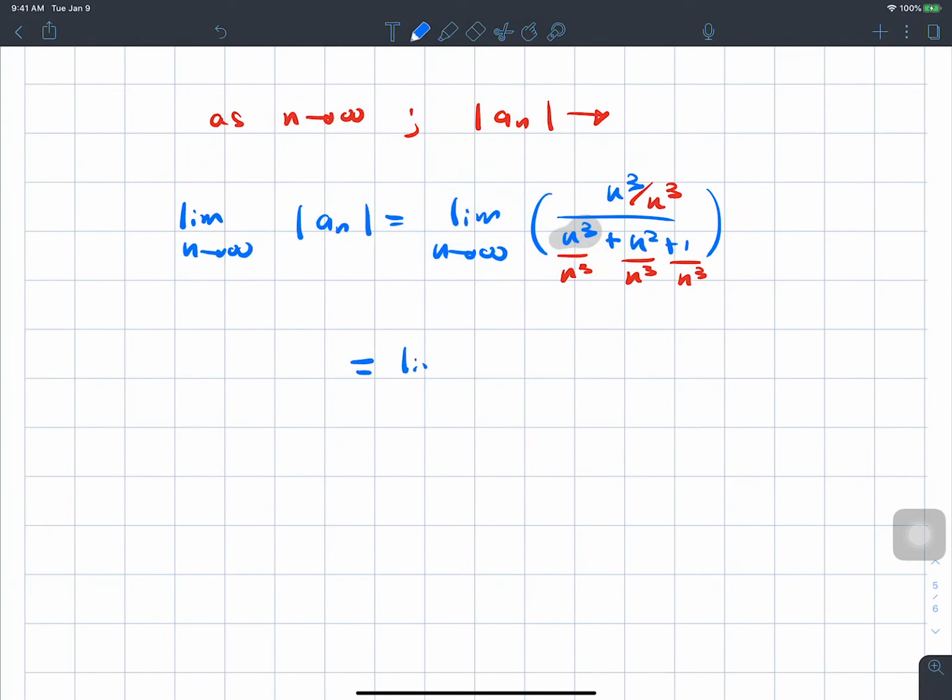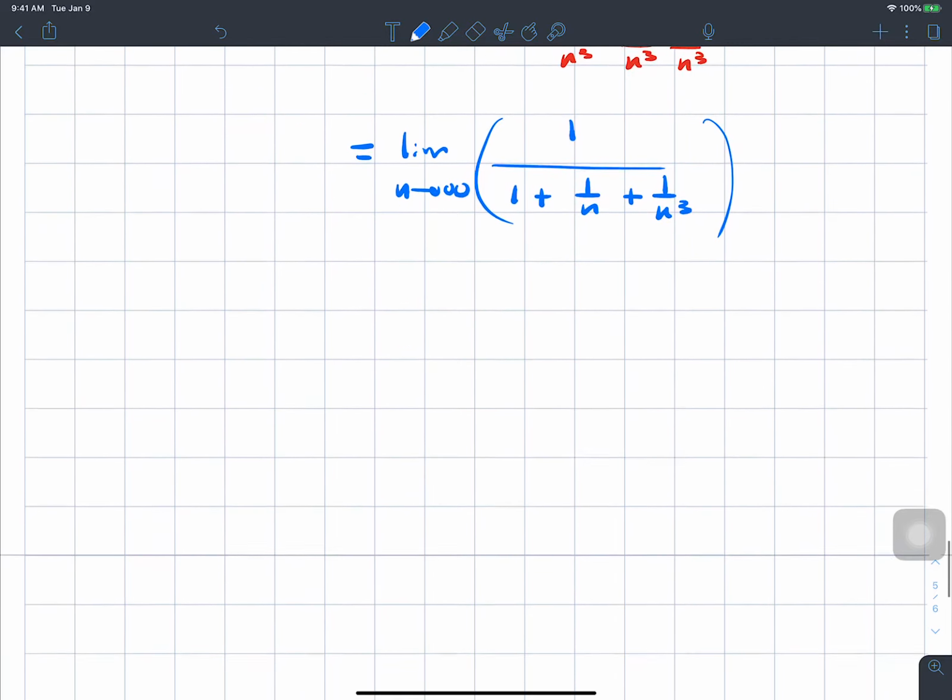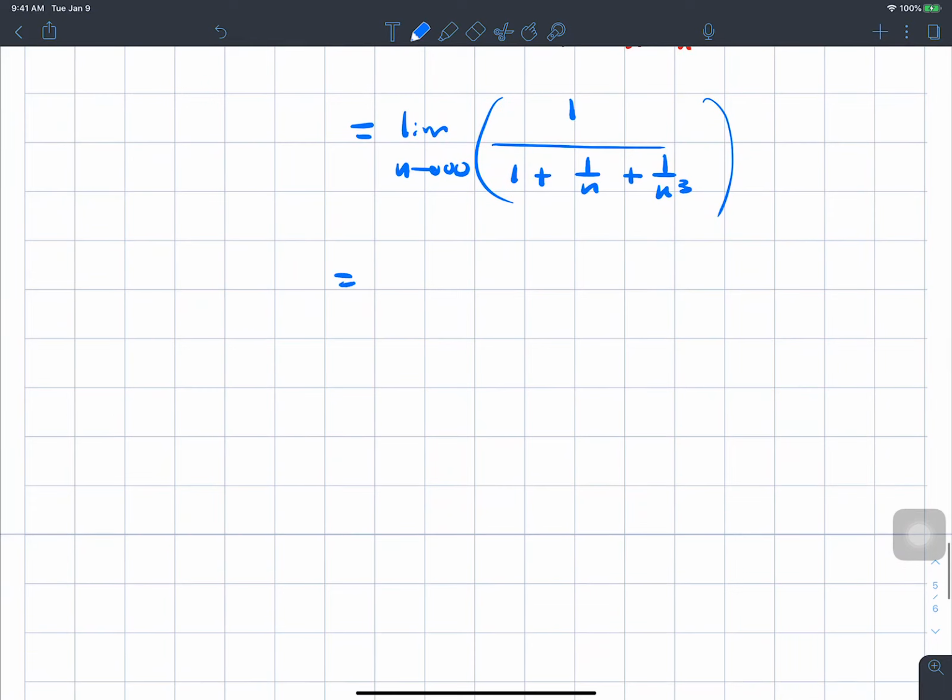So we end up with a limit here, as n goes to infinity, 1 over 1 plus 1 over n plus 1 plus 1 over n cubed. This is what we're doing. And so, by properties of limits now, really, I'm going to go straight to this concept for you guys.